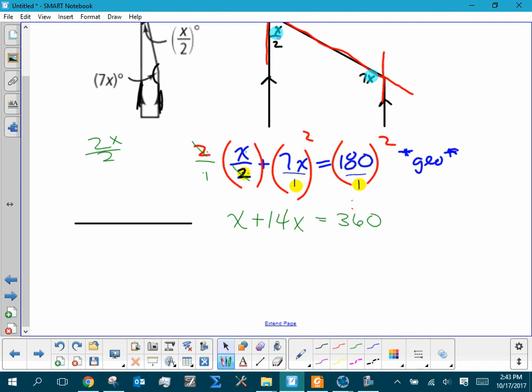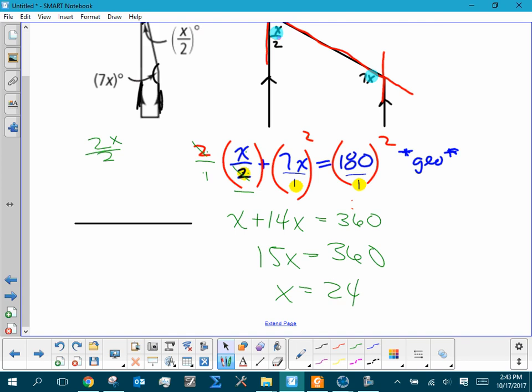A lot of times the big mistake I see is that we forget to multiply the 180 by 2. Or we just multiply this x over 2 by 2 and leave the other ones as 7x and 180. If you're going to alter one component of the equation, you have to multiply every component of the equation. So that gives me 15x is 360, divide by 15, x ends up being 24.